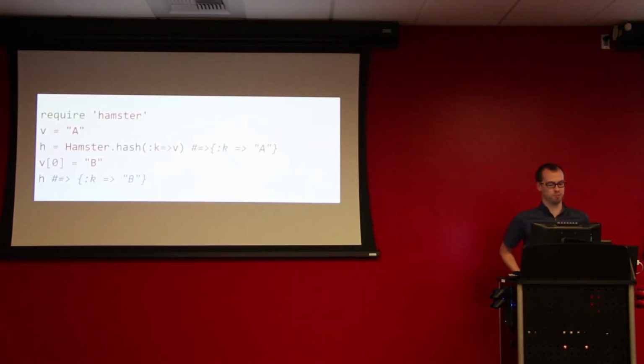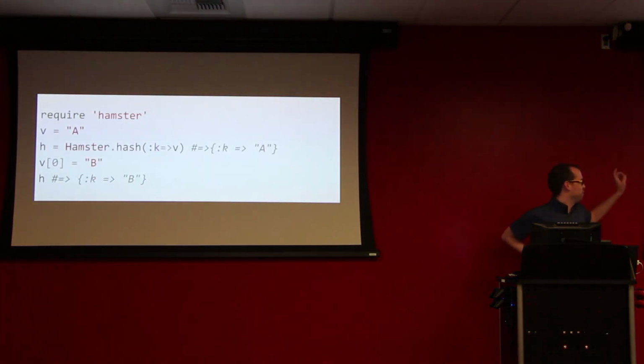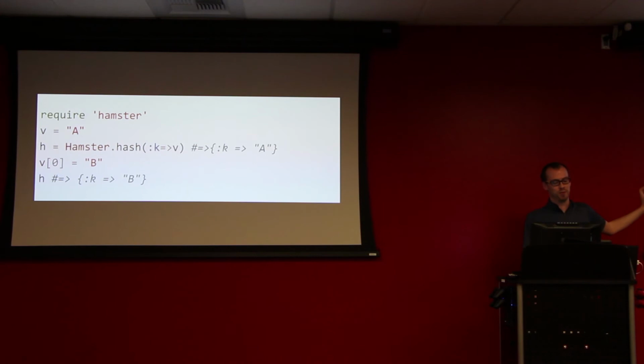And here's a little example of some code I posted in a GitHub issue for Hamster. I wasn't saying that they're doing something wrong, but I was just pointing it out in terms of clarifying their README. But anyway, basically, you have a value, the string A, and you put it into a Hamster hash, where you have a key called :k, and it contains A, as expected.